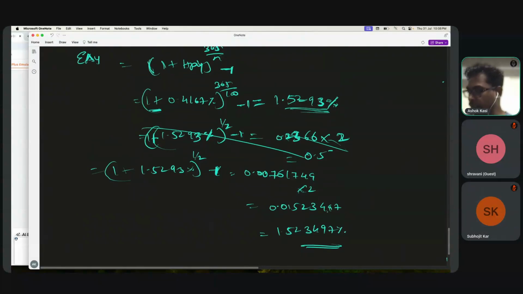This calculation you understood, right? Concepts I need to tell you. Initially, the equivalent annual yield was 1.5293. Here it is 1.5234 percent. Is it okay?